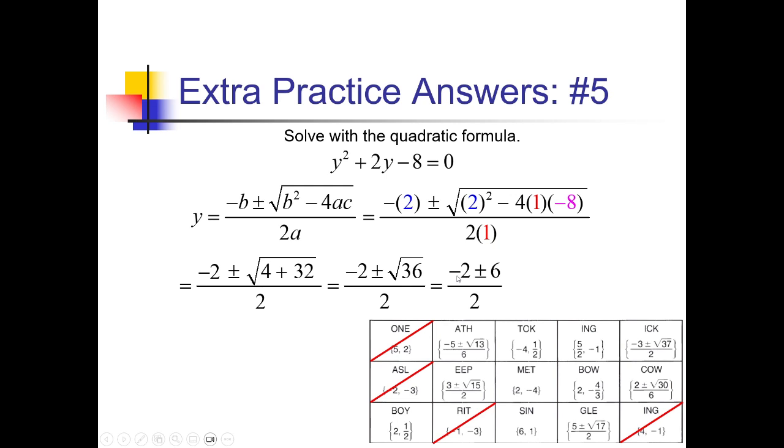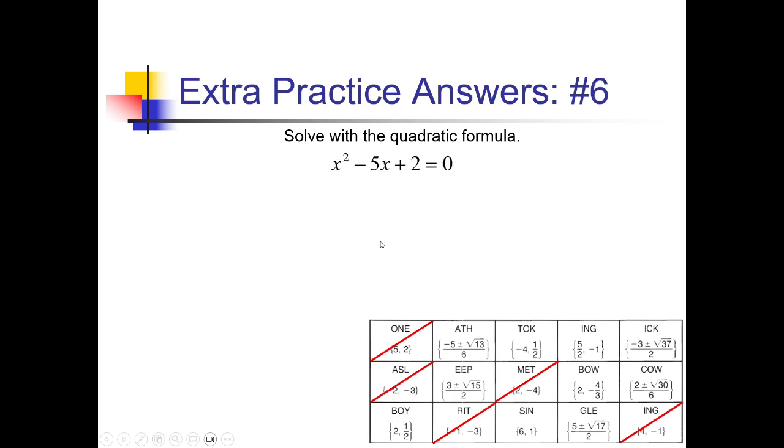So we end up with negative 2 plus 6 over 2, that's 4 over 2, which is 2. And negative 2 minus 6, or negative 8 over 2, which comes out to negative 4. So negative 4, positive 2. I see that right here in the middle, so no more of that. And on we go.